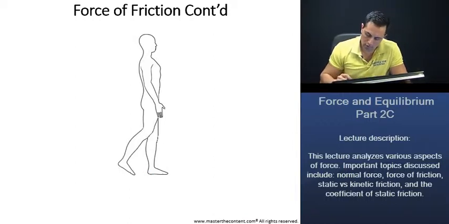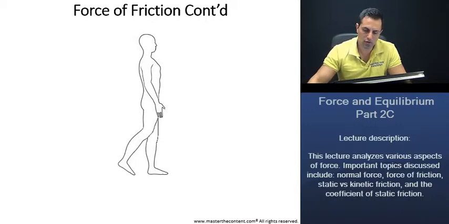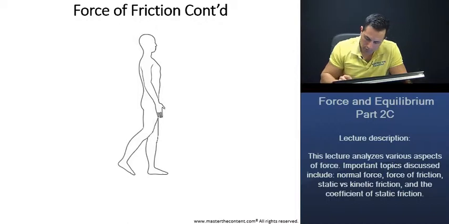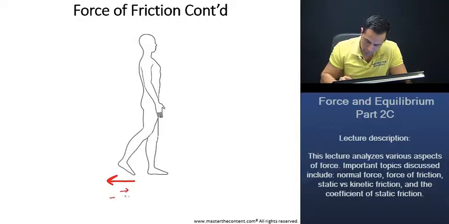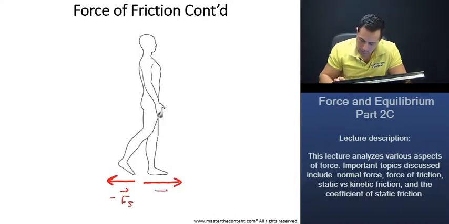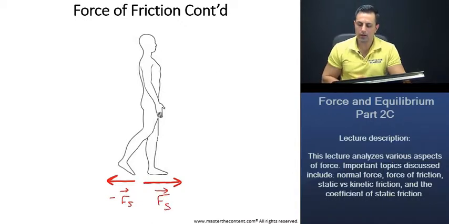To be more specific, at the end of your stride, your foot is momentarily at rest, and it's going to push back. And when your foot pushes back, it's the ground that pushes you forward as such.